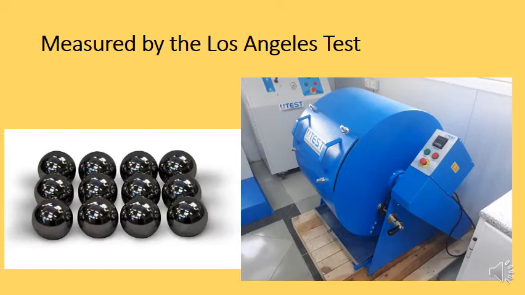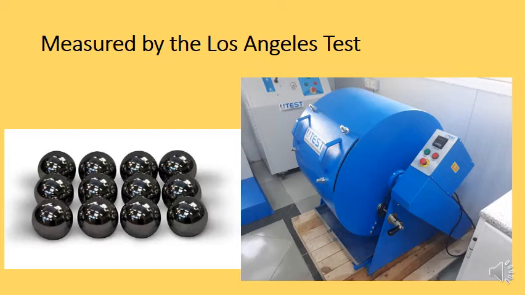You place that sample that you've just weighed inside that big blue drum there. This is called a Los Angeles test apparatus. It was developed in Los Angeles many years ago. And then inside the drum you would also place 12 steel balls. These steel balls weigh about 1 kilogram each, and they're about the size of a snooker table ball.